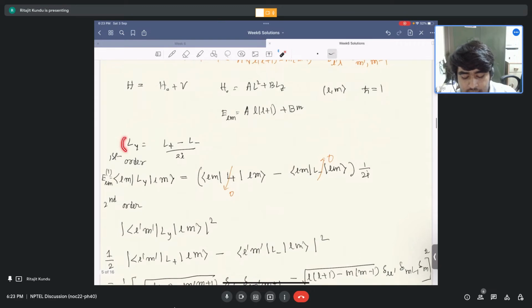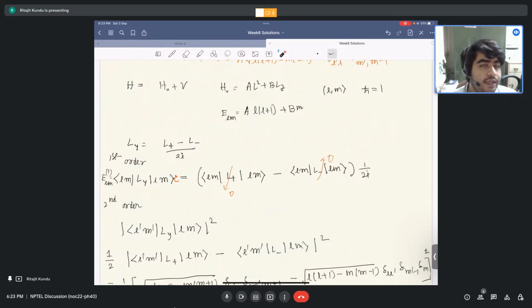So my L_y is given in terms of L plus and L minus divided by 2i. When you look into the first order contribution, we look only at the diagonal elements of that matrix. Here the matrix is given by C times L_y, which is the perturbation in our Hamiltonian, and the diagonal will tell me what the corrections are to first order.